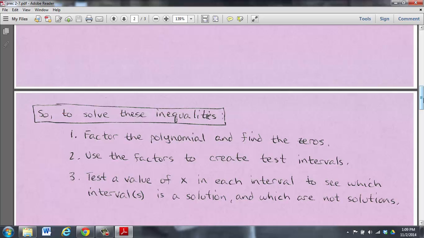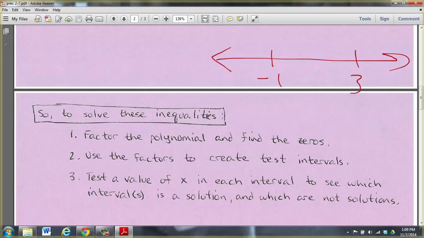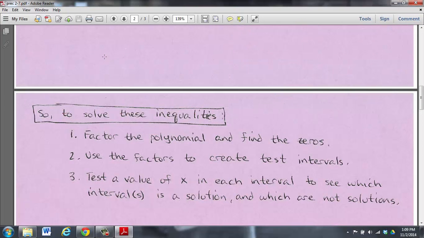Use those critical numbers to create test intervals. In the last example, we had a number line and there was a -1 and a 3, and my test intervals were here, here, and here. So those critical numbers will tell you what your test intervals are. And lastly, pick a number in each of those intervals and see which interval is a solution and which interval is not a solution.